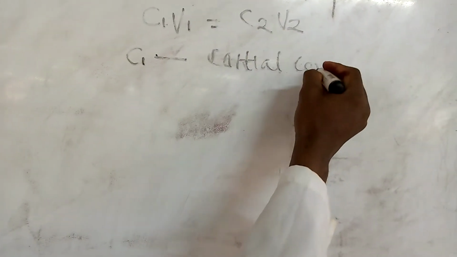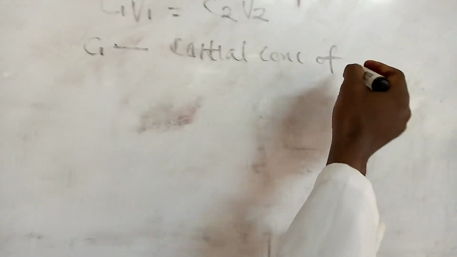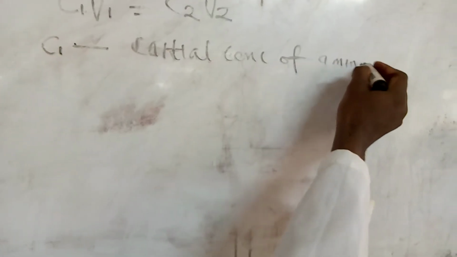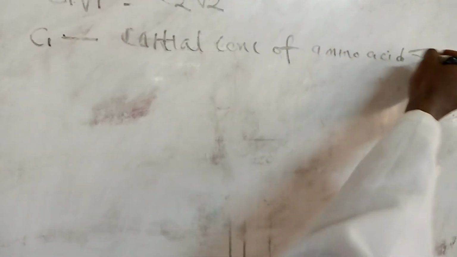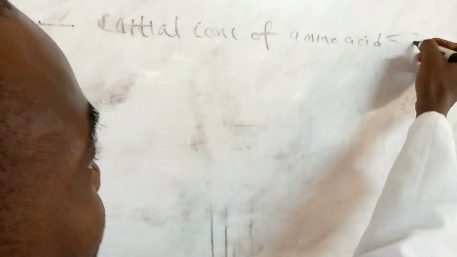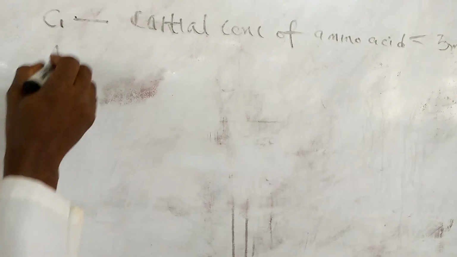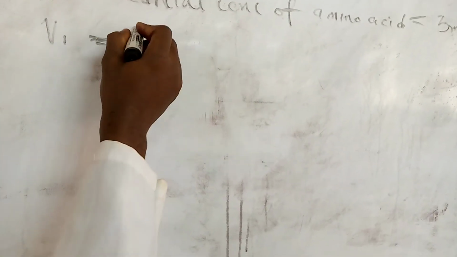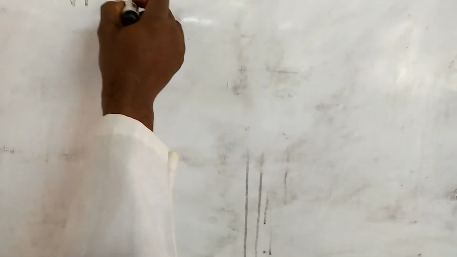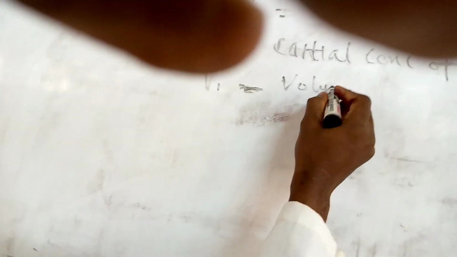Of course, we saw that the initial concentration is 5 milligram per mil. Then V1 is the volume that you're going to take from the amino acid, so volume of amino acid taken.